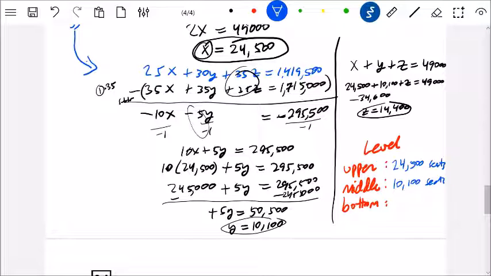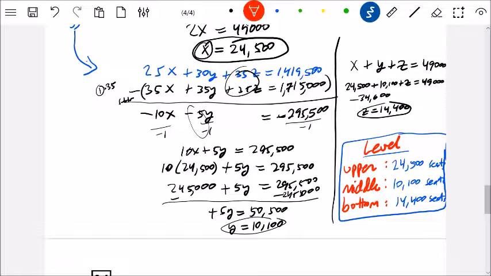And the bottom, 14,400 seats. So I'm answering the question with this. I can put levels there, and that would be the answer.